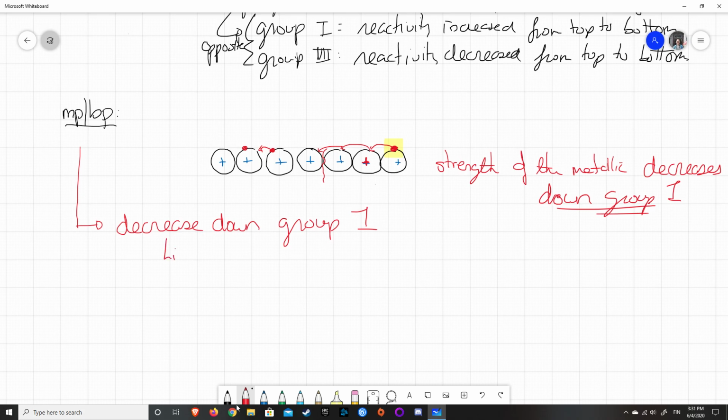So lithium would have a stronger metallic bond than sodium, which has a stronger metallic bond than potassium, stronger than rubidium. And in case you're taking notes, this is metallic bond strength.